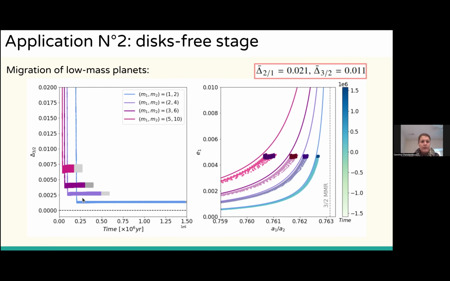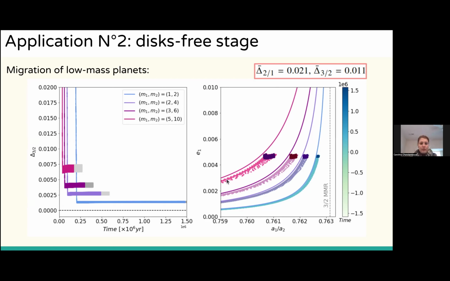constantly. And so we see that for different masses, we reach different values of the offset, the distance to the resonance. Normally you would say that this is the offset from the resonance, because here is the exact position. In this case it is the 3 to 2.